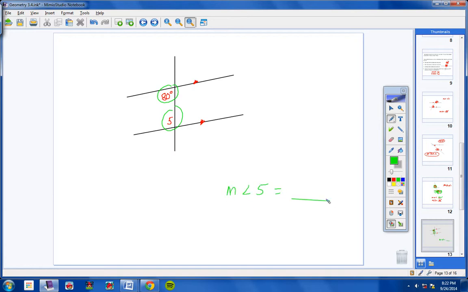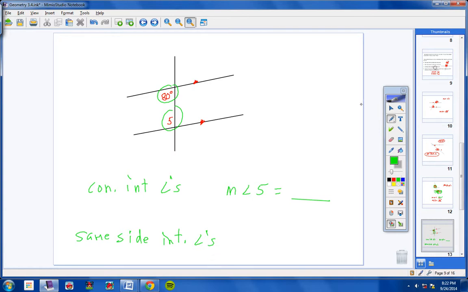What is the name of these two angles? They're called consecutive interior angles, or this book calls them same side interior angles. Okay, same side interior angles.